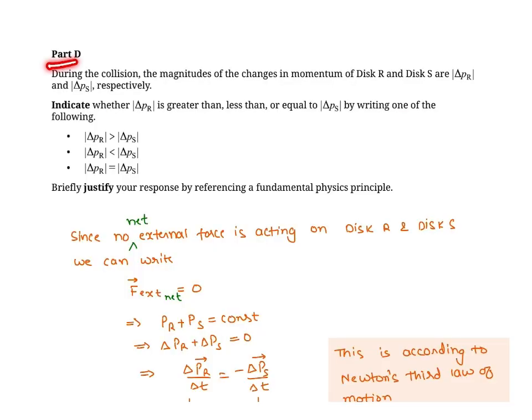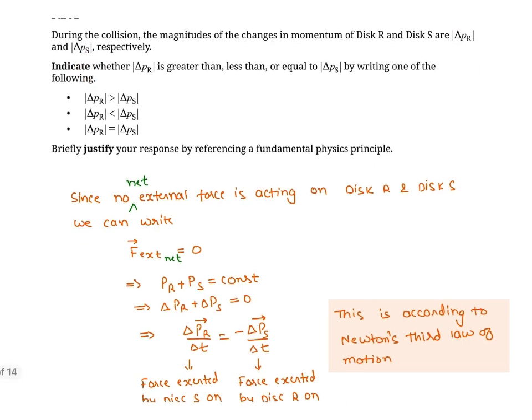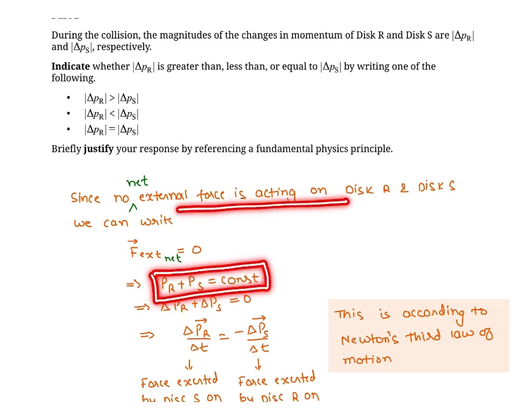So now let us see part D, in which it is said that the magnitude of change in momentum of disk R and disk S is given by or represented by these two expressions. We have to find the relation between the change in momentum of S and the change in momentum of R. So the fundamental concept once again here is, since there is no external force, we can say the momentum of our system is constant. So you have to mention this, there is no external force.